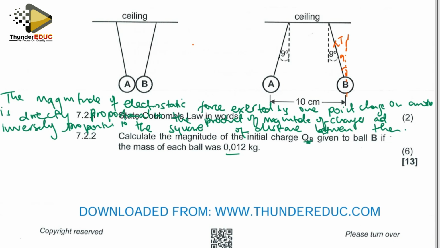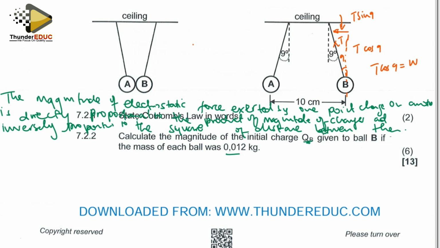Which means there are two components acting here. So we have the T cos 9, and then we have the T sine of 9. So we know that the T cos of 9 must be equal to the weight of this ball.